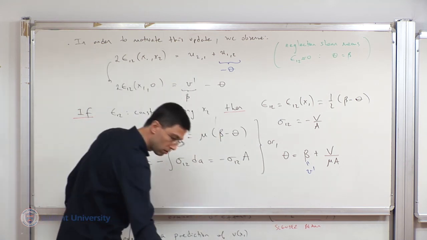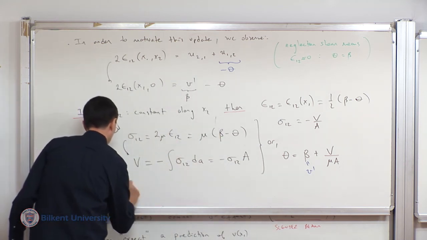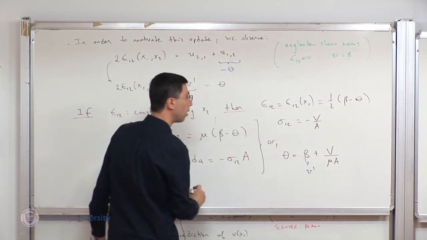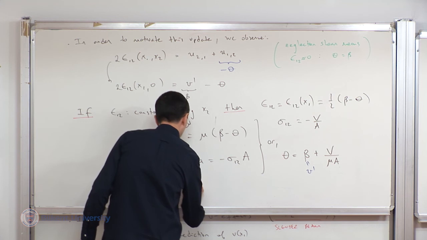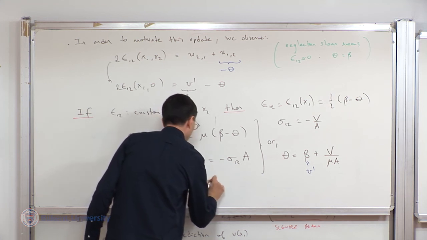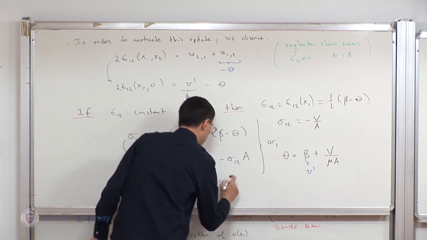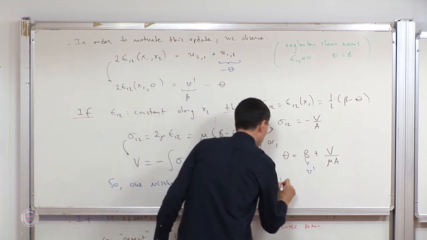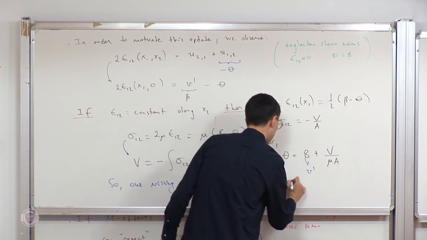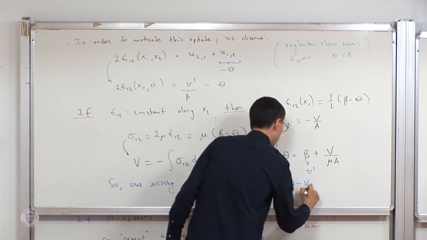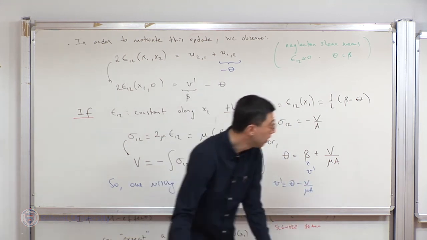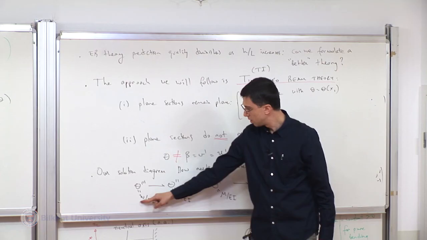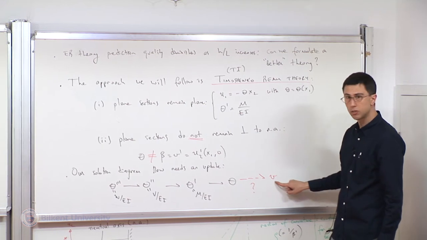So our missing update seems to be v prime is equal to theta minus V over mu A, right? Once you give me what V is, I can integrate towards v, right?